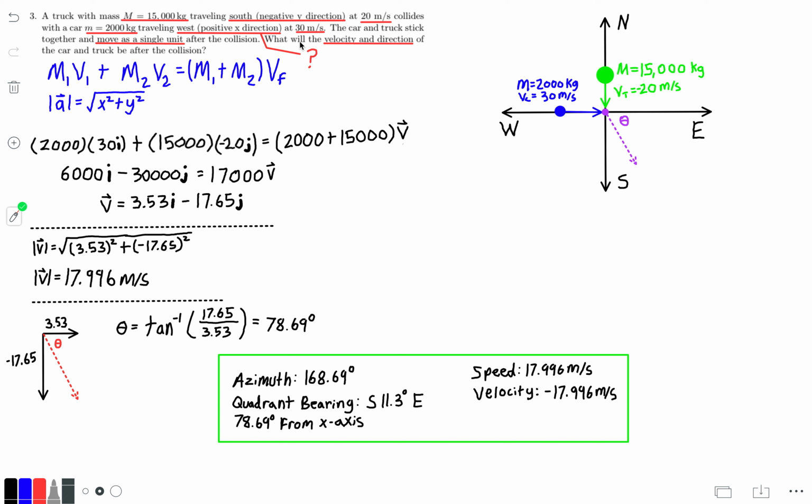So it is traveling at 30 meters per second here, and it notes that the car and the truck stick together and move as a single unit. And if you remember from our lecture this week, this is an inelastic collision, as the masses conjoin after they collide.